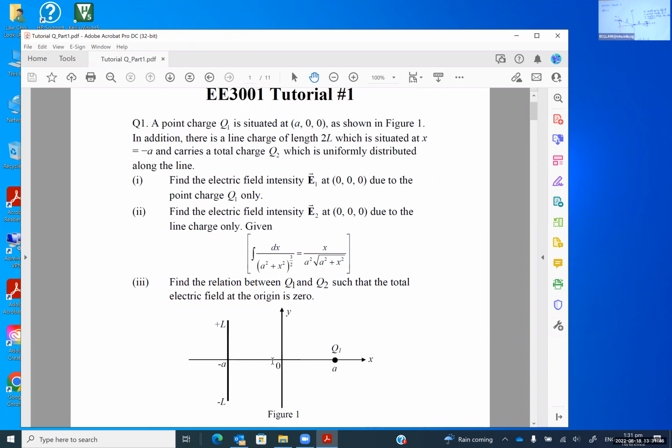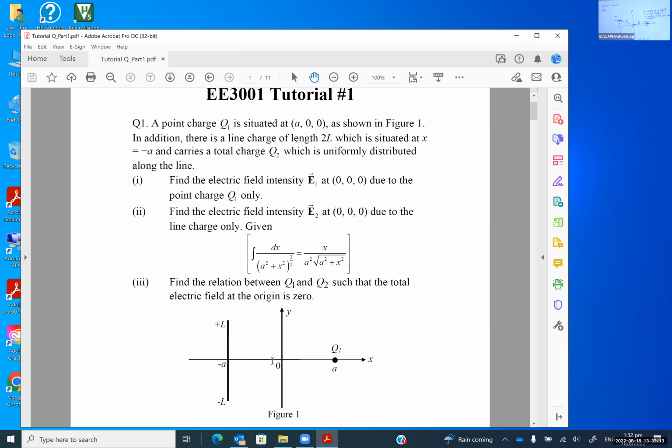If you take a blank piece of paper and start drawing, one question arises: should you draw in 3D or in 2D? What do you think? For this question, you can just use 2D.